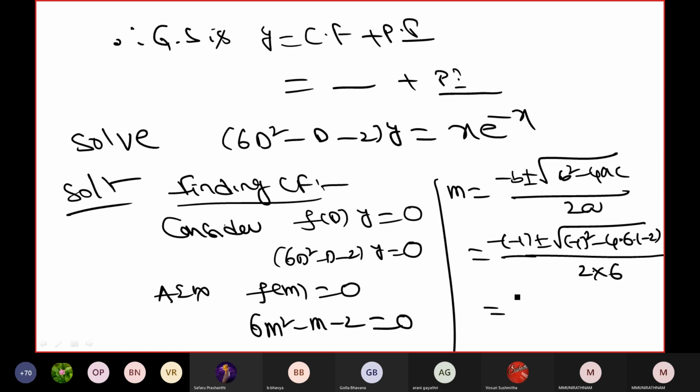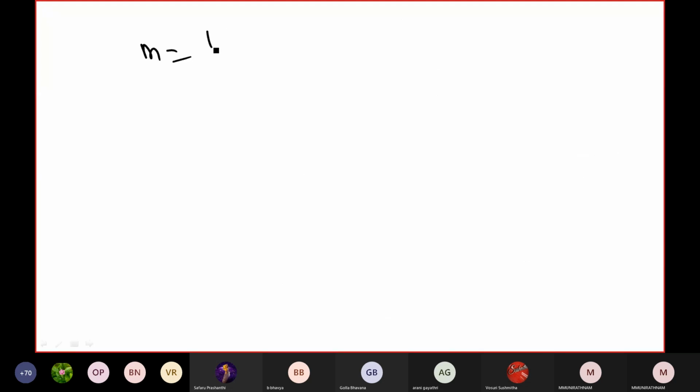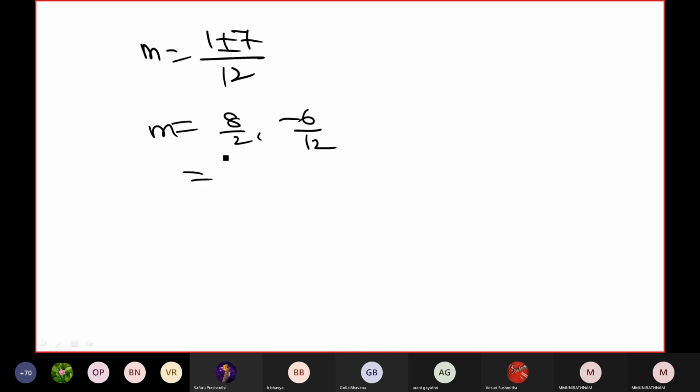A is 6, B is minus 1, C is minus 2. 1 plus or minus root of 1 plus 4 6s are 24, 24 2s are 48, 49 by 12. 1 plus or minus 7 by 12. 1 plus 7 by 12 is m equal to 8 by 12, minus 6 by 12. 3 by 2 comma minus 1 by 2.